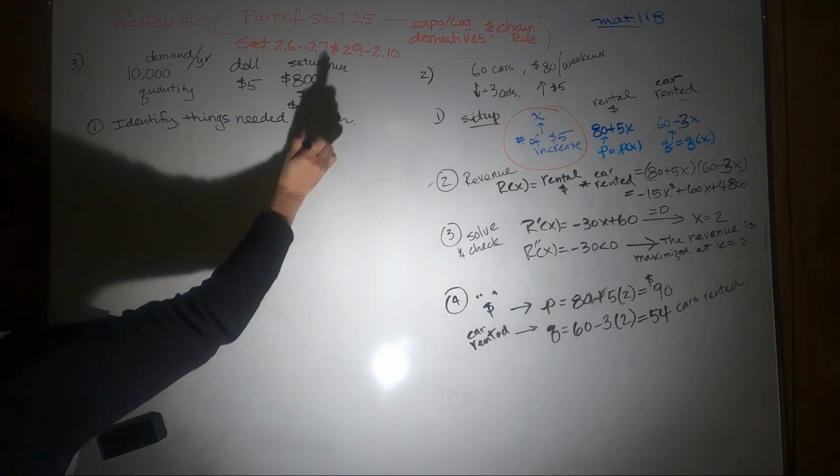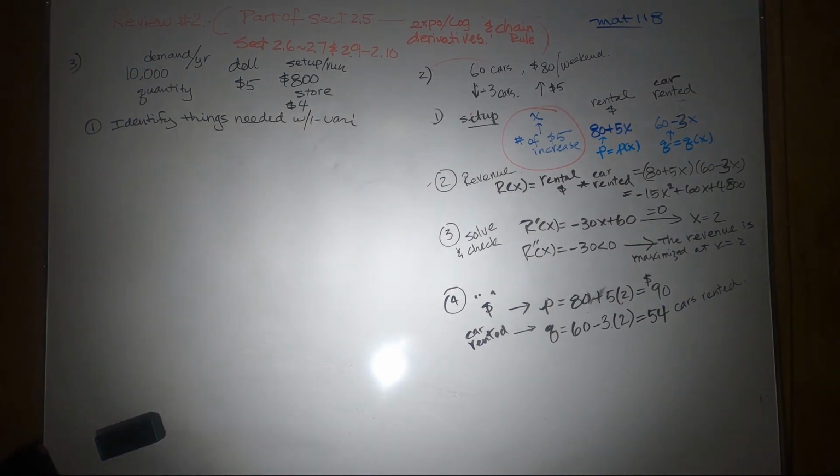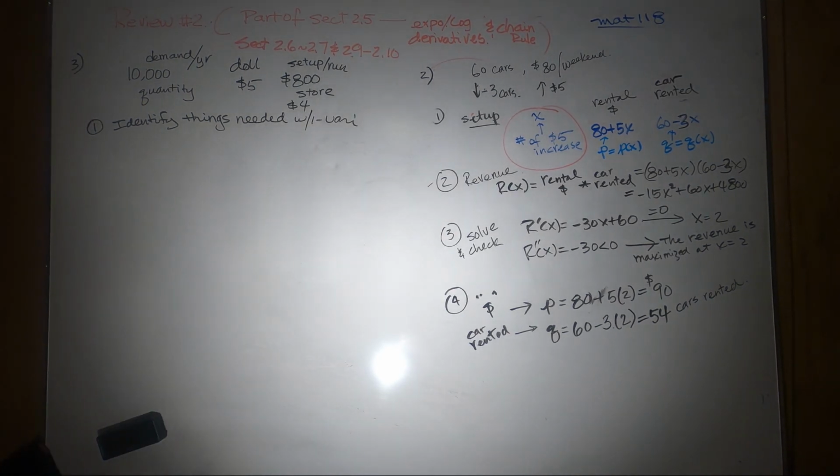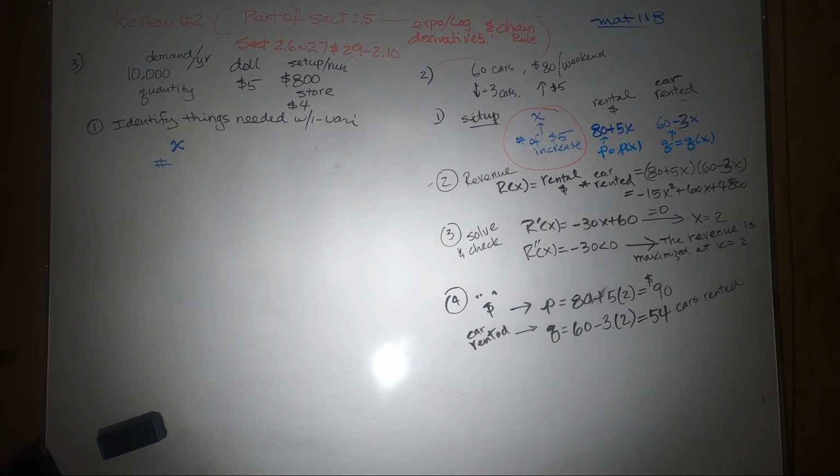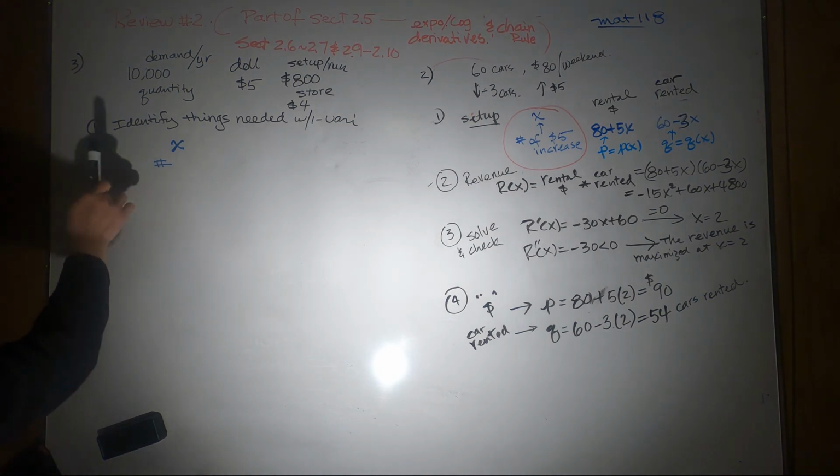So let's see. First, we need to identify our X, right? So we want to identify things needed with one variable. What kind of thing do you want to use for X?